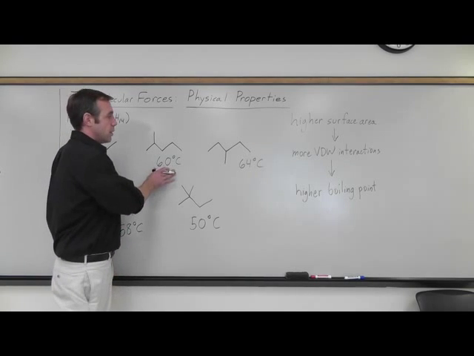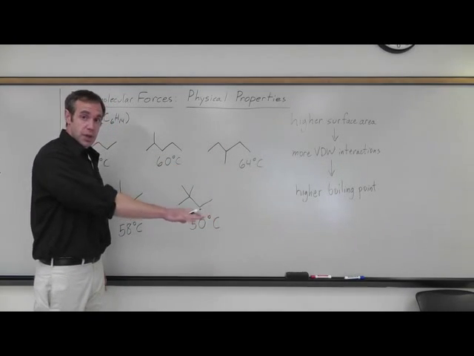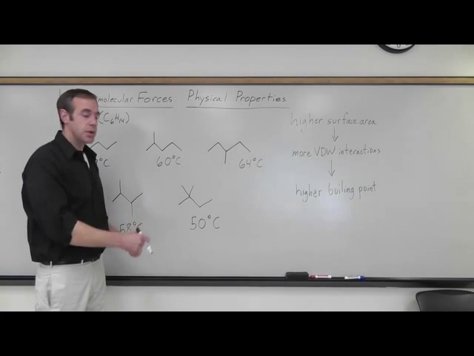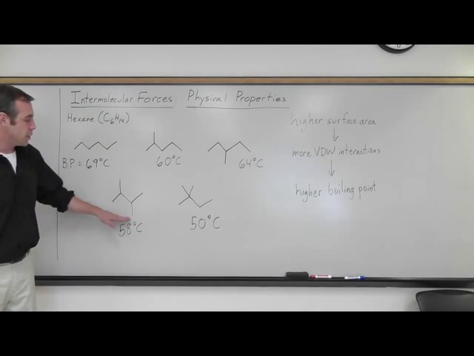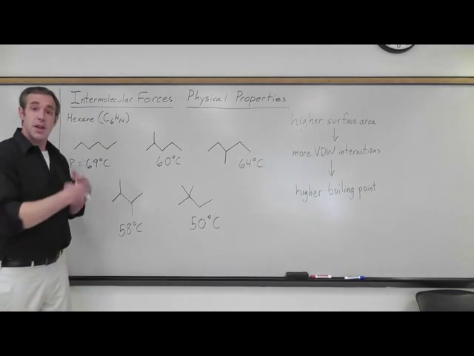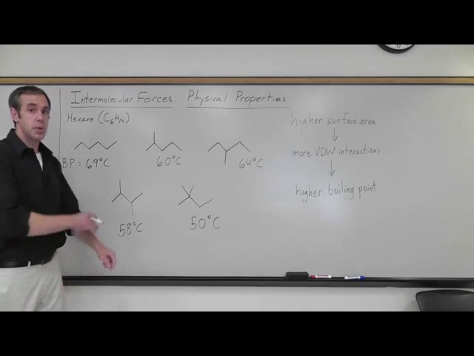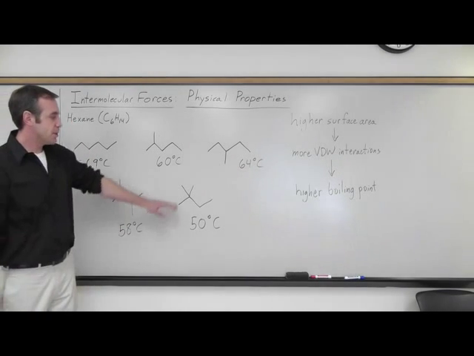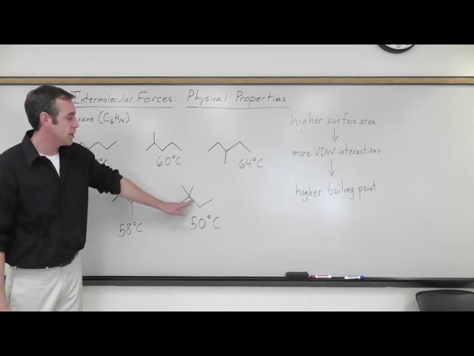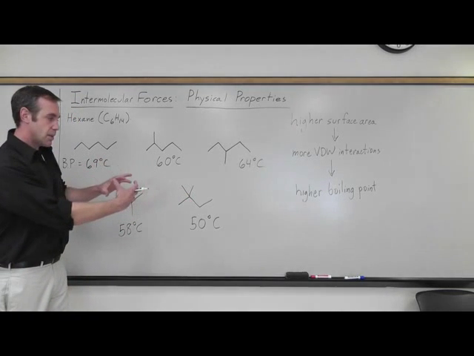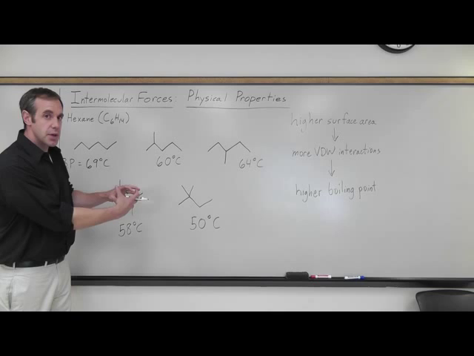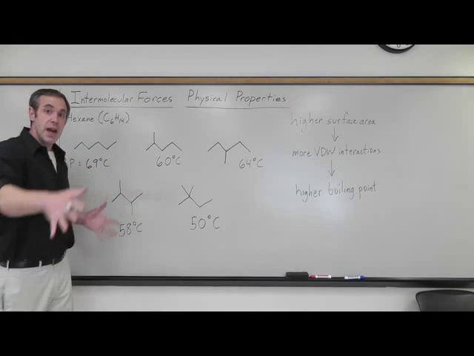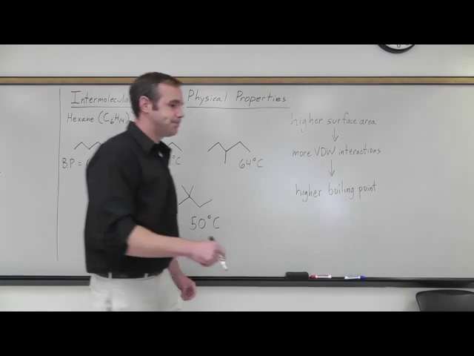We can see that with one branch, we get a drop in boiling point. It's easier to boil the molecules. When you have two branches, another drop in boiling point. Especially when they're branched on the same carbon, we're really balling up that structure so it's not spread out with lots of surface.